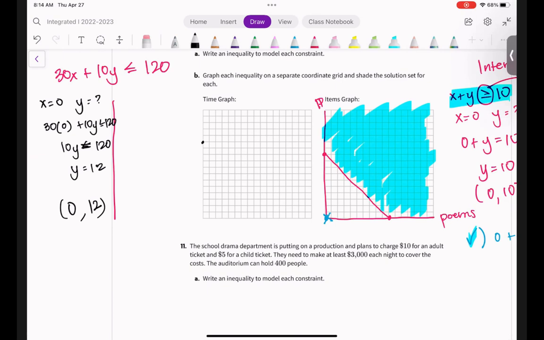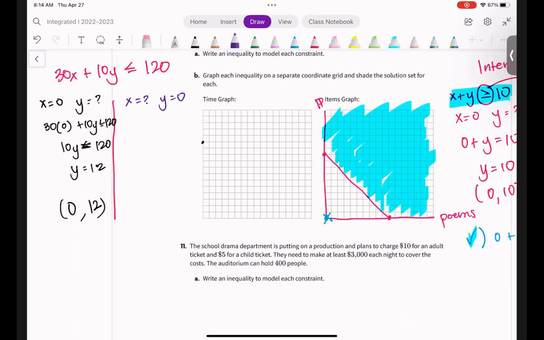Okay, now I'm going to switch. I want to know what x is when y is 0. So now you write that equation for that. Yeah, exactly.